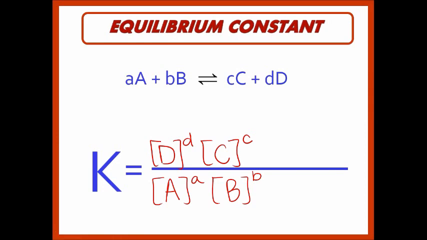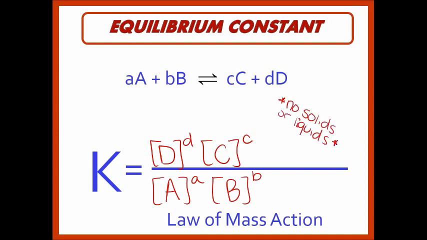And we actually have a name for this relationship between K and the balanced chemical equation, and it's called the law of mass action. So it's important to note that when we express K for an equilibrium reaction, we do not include products or reactants that are in the solid or liquid state. We're only going to include them if they are in the gaseous or aqueous state.